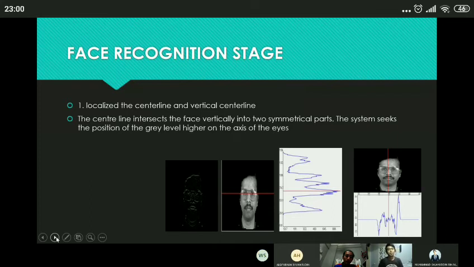Next, my name is Muhammad Najib, and I will explain about the face recognition stage. First, when a picture of your face is captured from a photo or a video, the system will localize the center line and vertical center line. The center line divides the face vertically into two symmetrical parts. The system seeks the position of the higher gray level on the axis of the eyes.